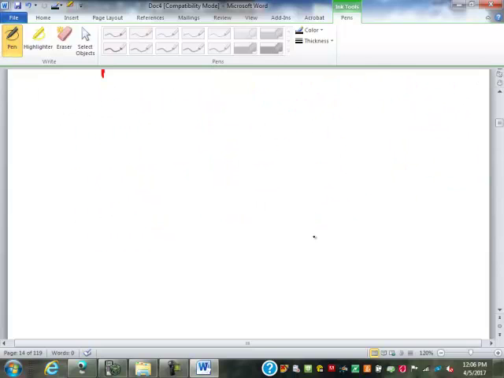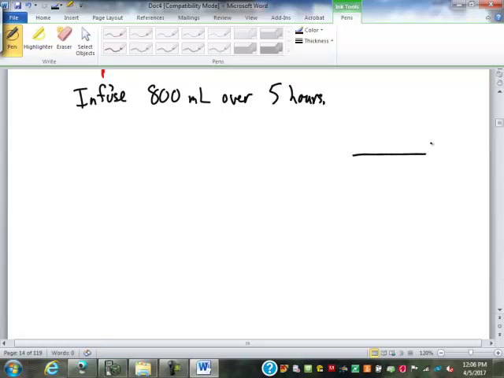For example, let's say that we are going to infuse 800 milliliters over 5 hours. And again, we're asked for that flow rate in milliliters per hour. So we write it as a rate, 800 milliliters over 5 hours.